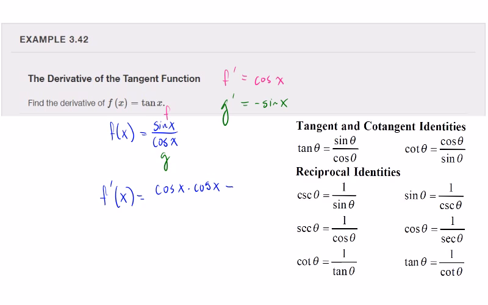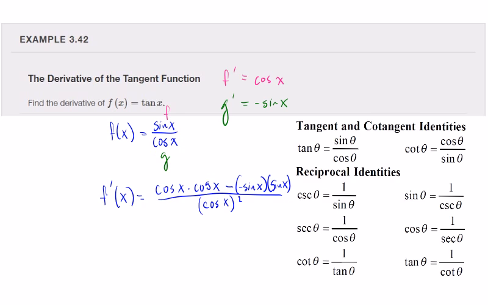And then minus g prime, which is negative sine, multiplied by regular f, or the original f, which is just sine of x, and then all over the denominator, and we'll just write it this way to start out, but the denominator squared, right?